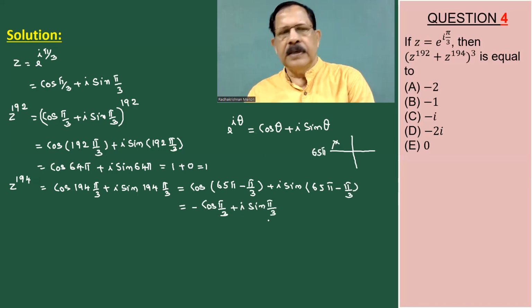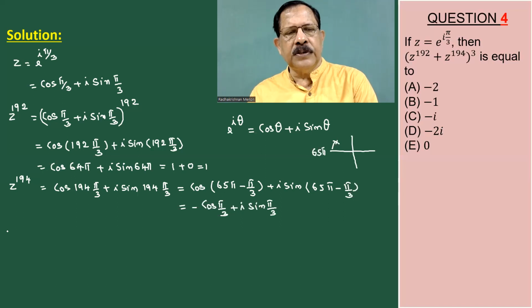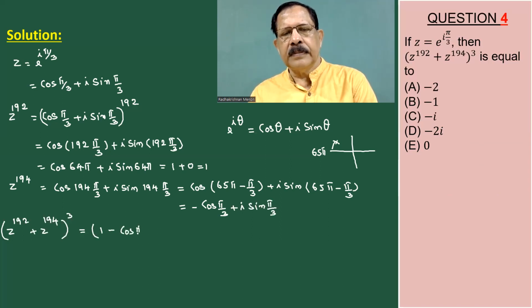Now what is the question? The cube of z raised to 192 plus z raised to 194, which is equal to (1 minus cos pi by 3 plus i sin pi by 3) whole cube.